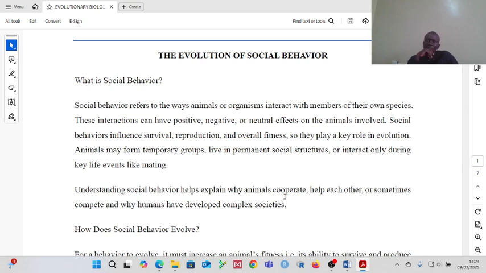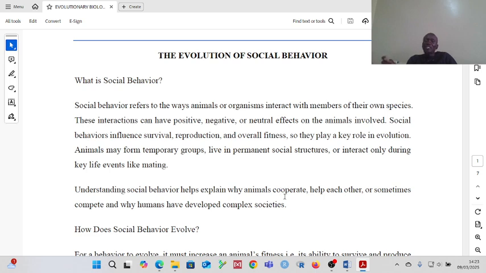So the interactions between different members of the particular species in question can either have positive, negative, or neutral effects. Okay, so how they interact, they might help each other. That's a positive impact. They might derive benefit but harm other members of that particular species in return.